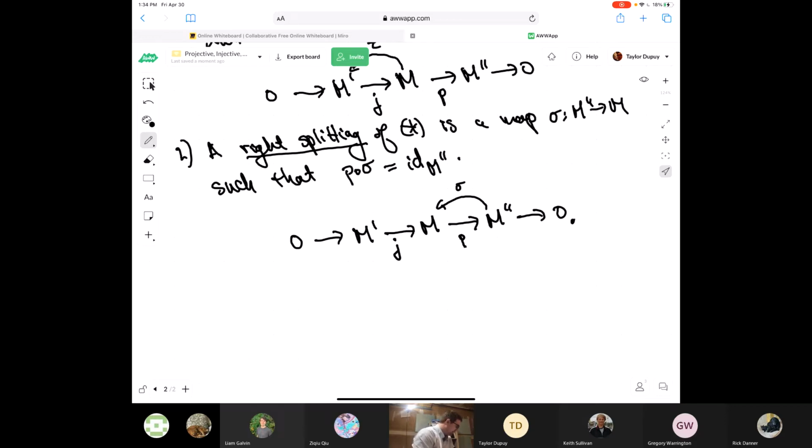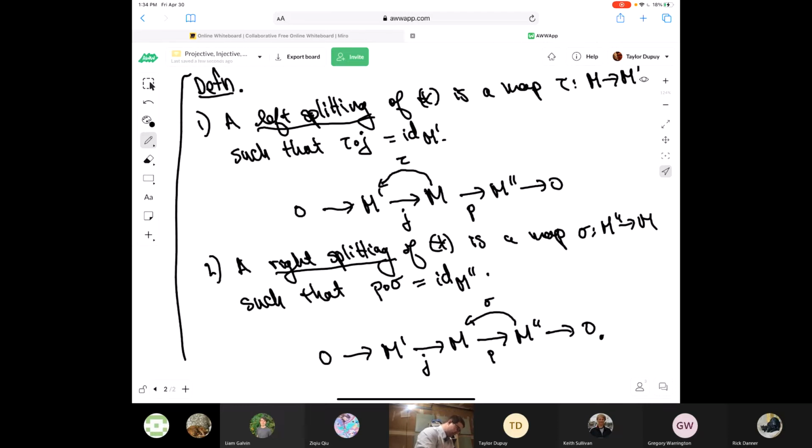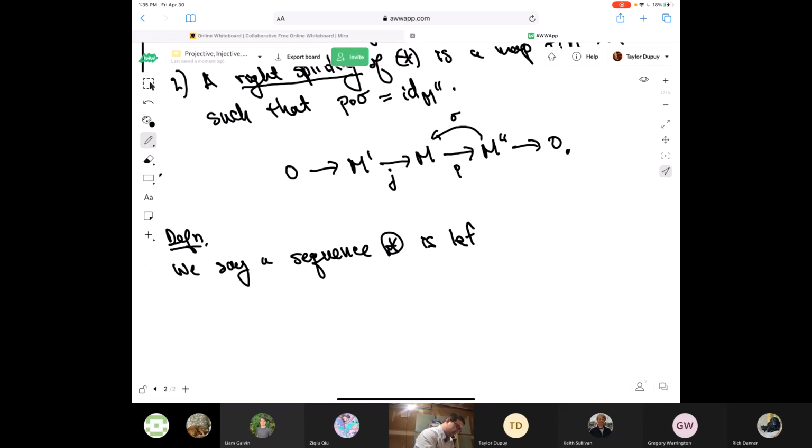Okay, and so let me give another definition. We say a sequence star is left split if it has a left splitting.